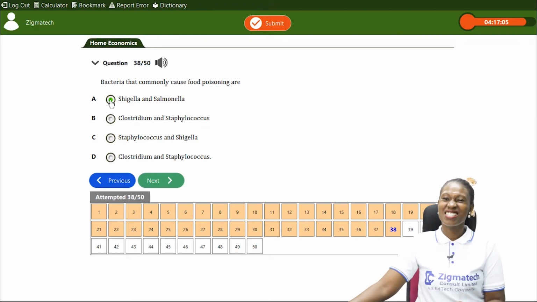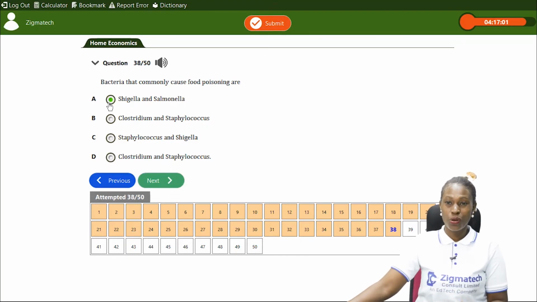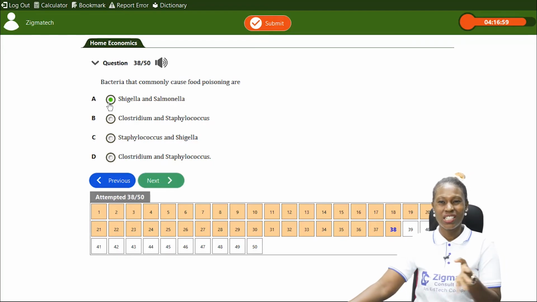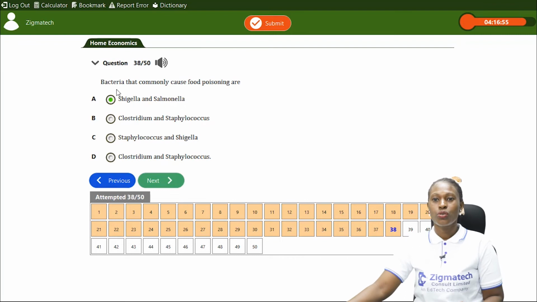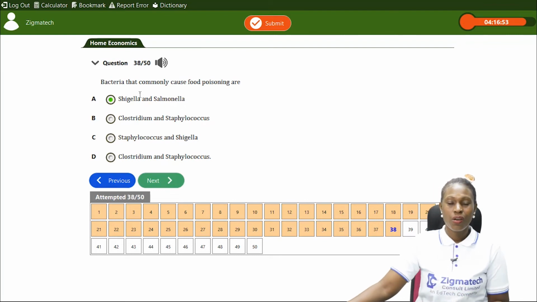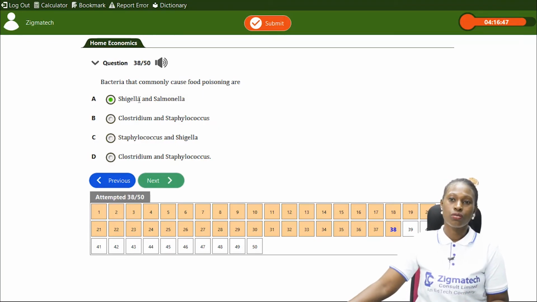Shigella was named after the person that discovered it. His name was Shiga, so it was named after him. So this is the bacteria that is common when it comes to food poisoning. Please take note. Now let's look at the next question.